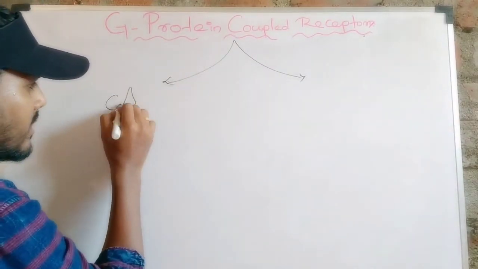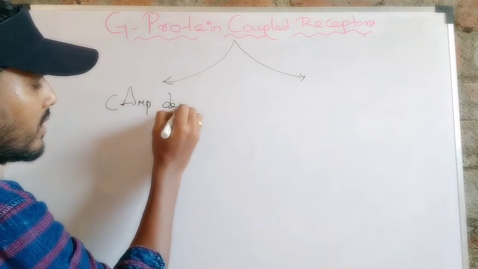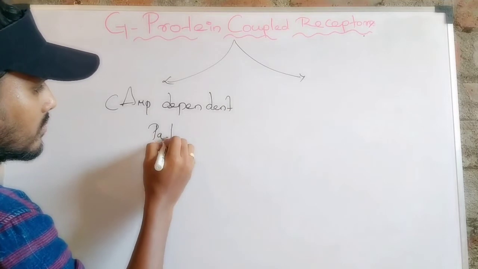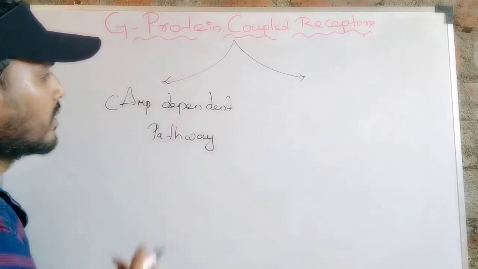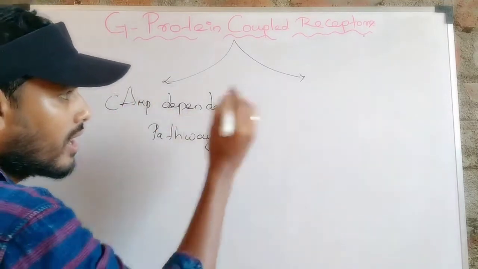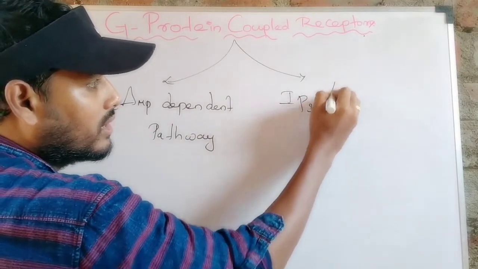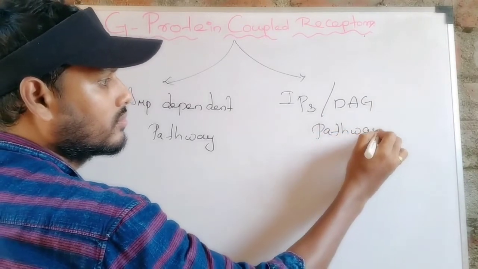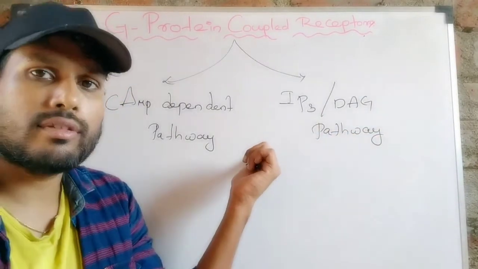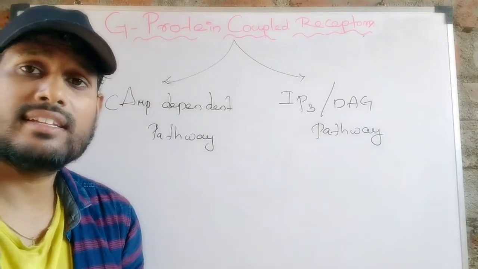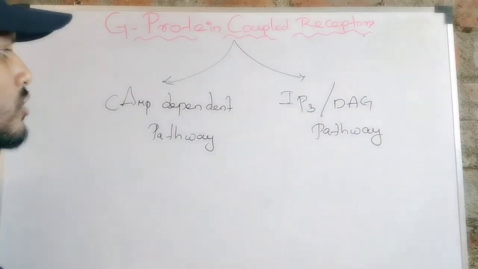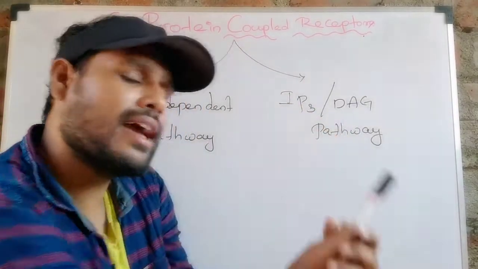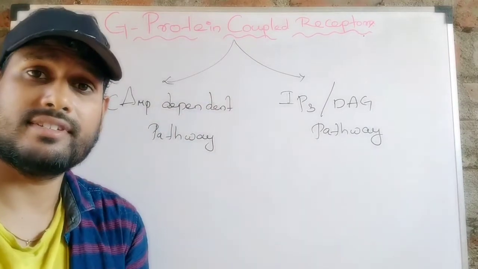One is the cyclic AMP dependent pathway, cyclic adenosine monophosphate, and another pathway is the IP3 or DAG pathway, inositol triphosphate or diacylglycerol. So you have to know about cyclic AMP and IP3 or DAG, all secondary messengers.